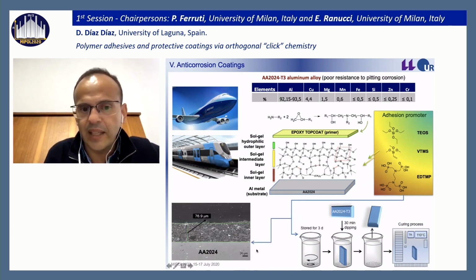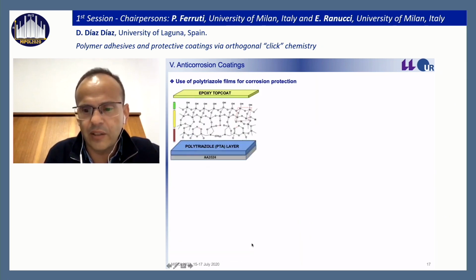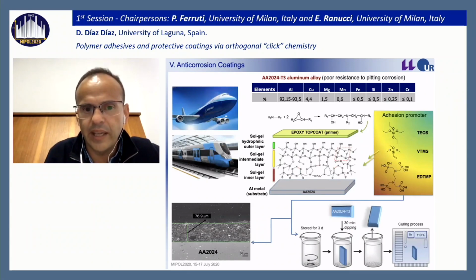And here you can see that we get a very nice adhesion between the aluminum and the epoxy, which is this one here. And we get a few micrometers thickness of this organosealant layer.